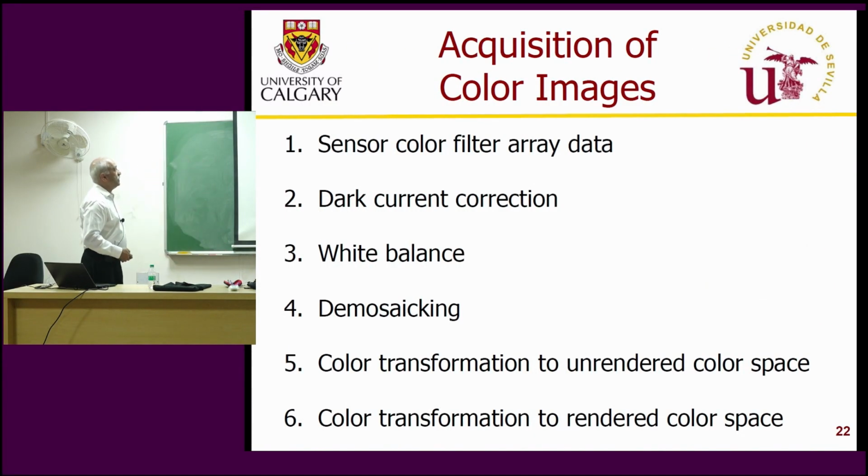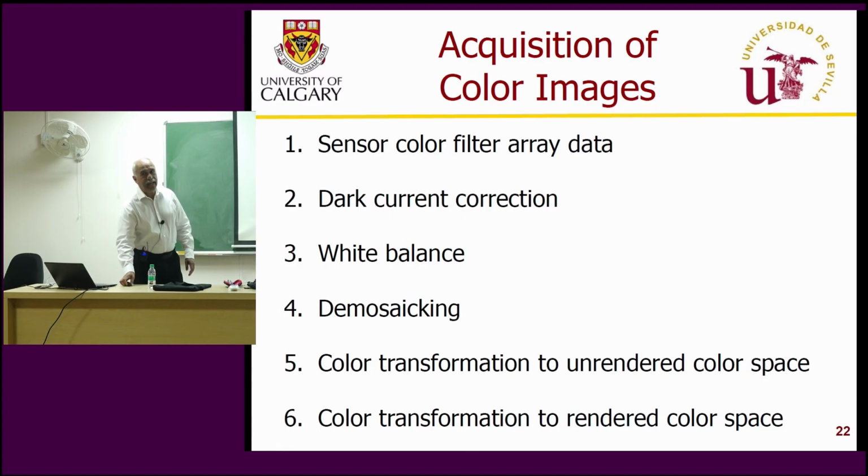Acquisition of color images: a sensor with color filter array data. So we don't have separate sensors for RGB in most cases. An intensity detector is used with a filter to capture in one shot. If you want, you can have different sensors for RGB, but then it takes time. And we won't stay still, we will move, and the picture is ruined.